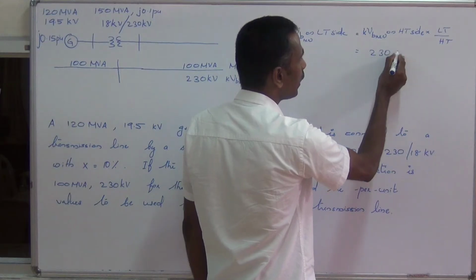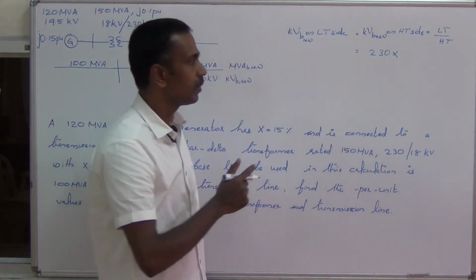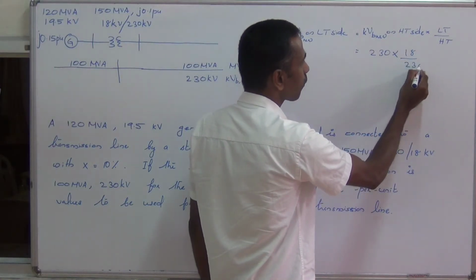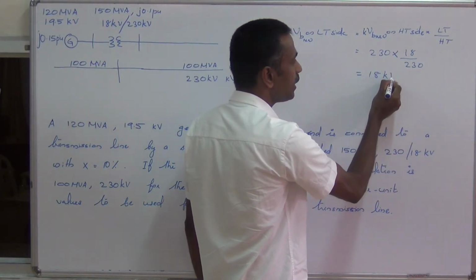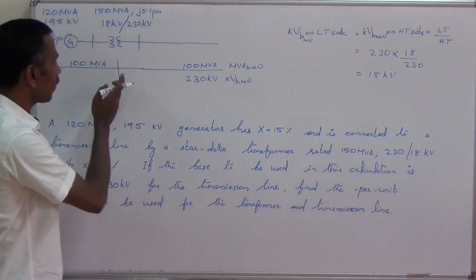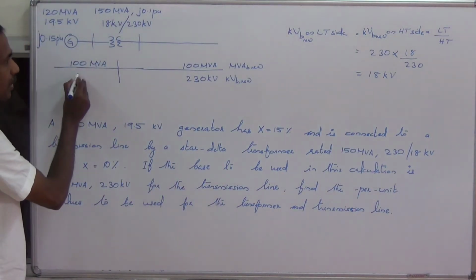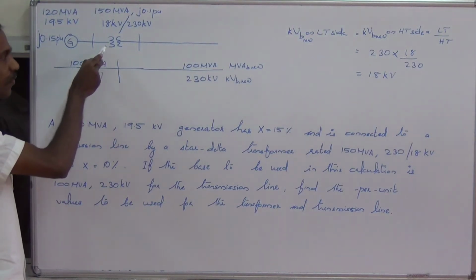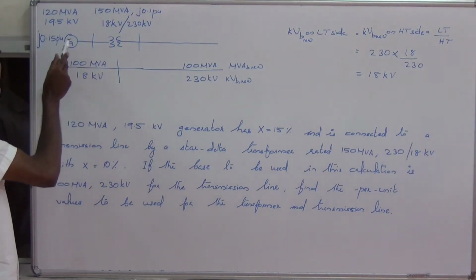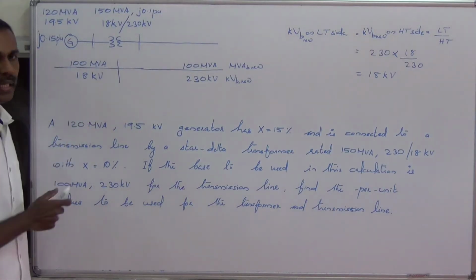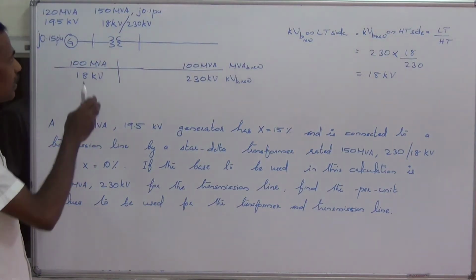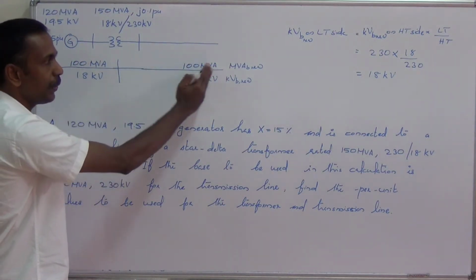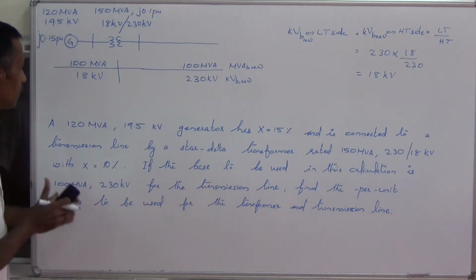So it is 230 into the transformer ratio, 18 divided by 230. So this is 18 kV. So on the primary side of this transformer, the base kilovolt is 18 kV. So for the primary side of the transformer and for the generator, the base kilovolt will be 18 kV. Now we have to find out the per unit reactances on this new common base value.